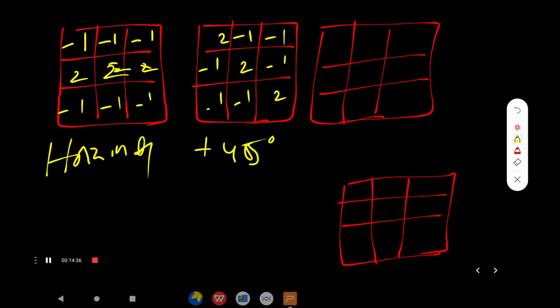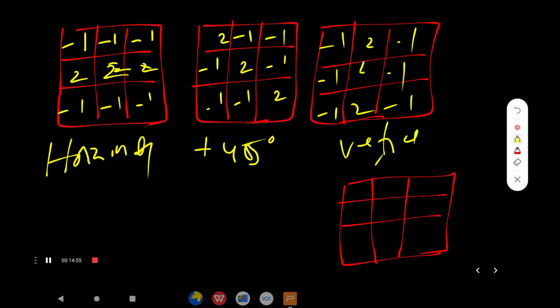As well as, this is also a filter having minus 1, minus 1. So 2, 2, minus 1, minus 1. So this is for vertical line detection.